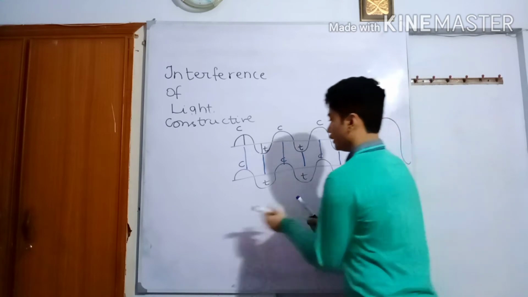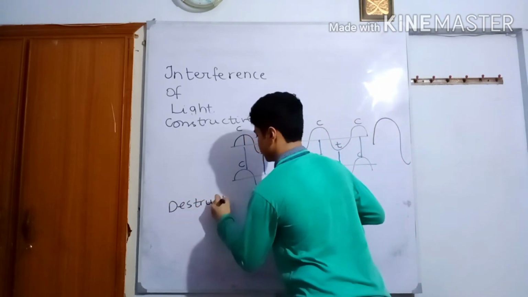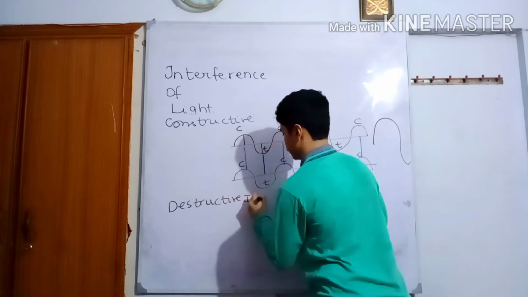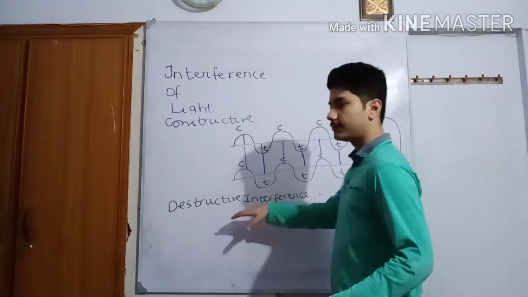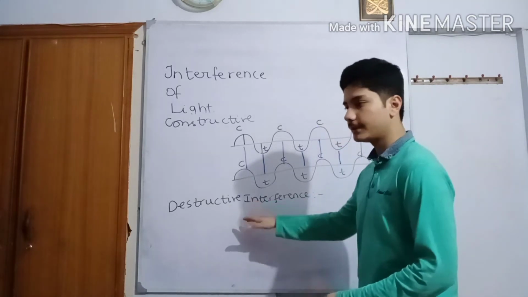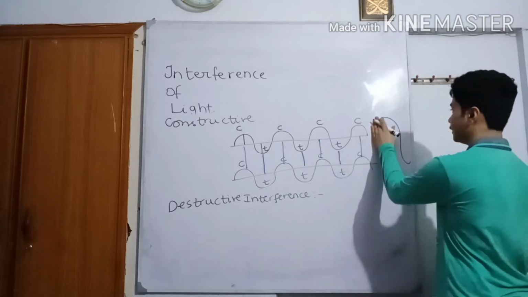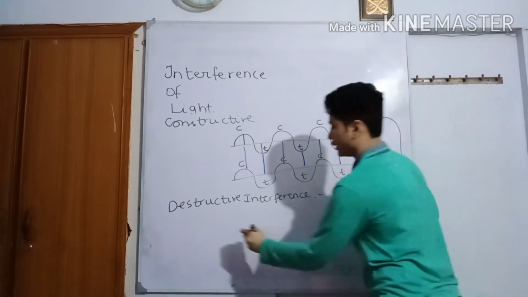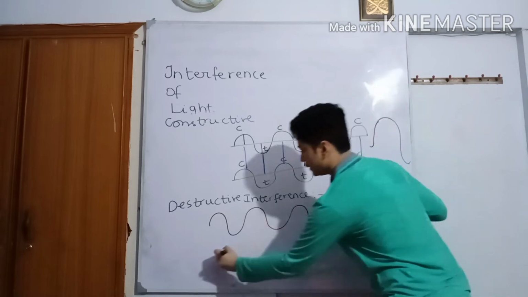Alright, let's go to destructive interference. Now, what is destructive interference? Let's see. For example, let's consider another pair of waves. For example, this is the first wave and this is the second wave.